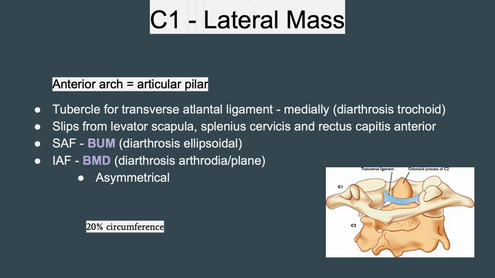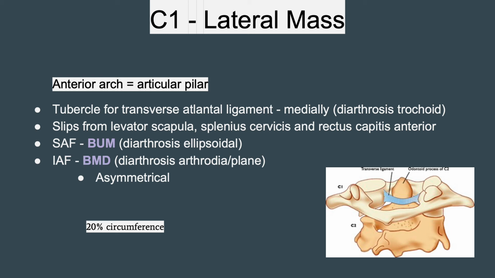C1 is special, so it's going to be different than all the others, and its superior articular facet is still BUM, B-U-M, but its inferior articular facet is BMD, so backward, medially, and downward. C1 is the only vertebra that has that BMD orientation, unique to C1 exclusively.